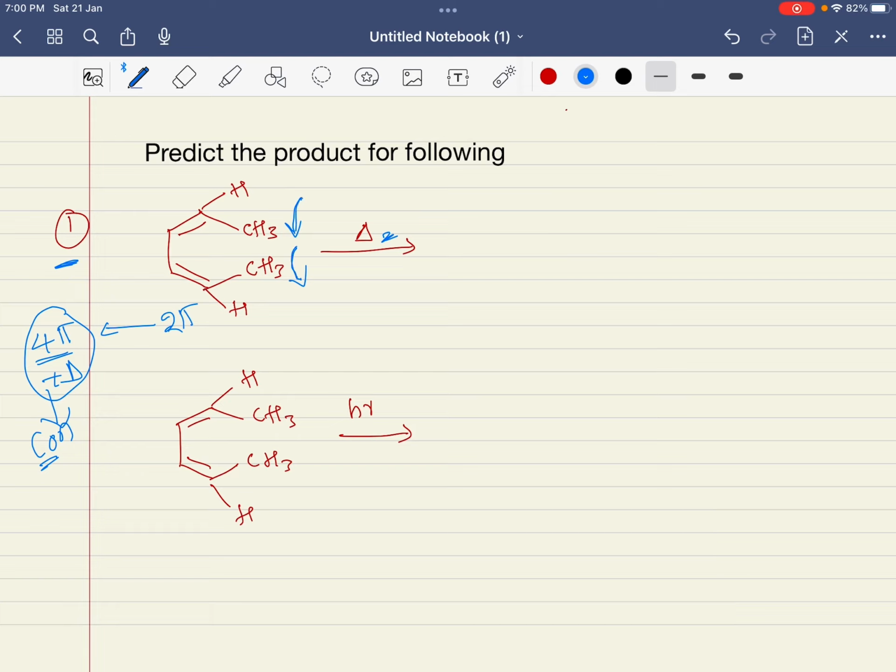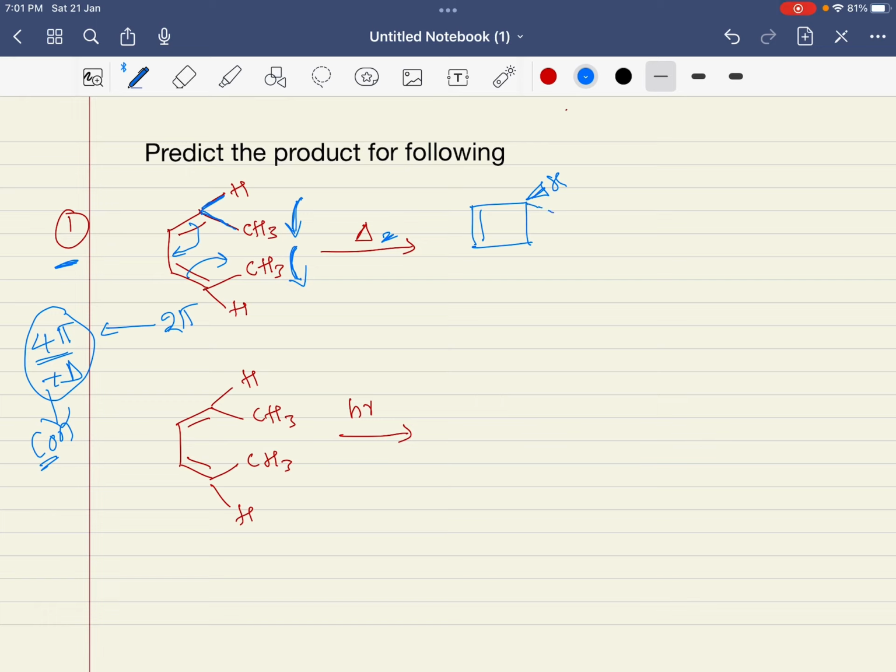First we'll write the basic product. This bond will be shifted here. This bond will be used for the formation of the new bond. So this is the basic product. Then stereochemistry will be obtained by moving the groups in this direction. Consider these groups to be in the plane of paper. We'll flip these things. If we flip, hydrogen comes above and CH3 goes below the plane of paper.